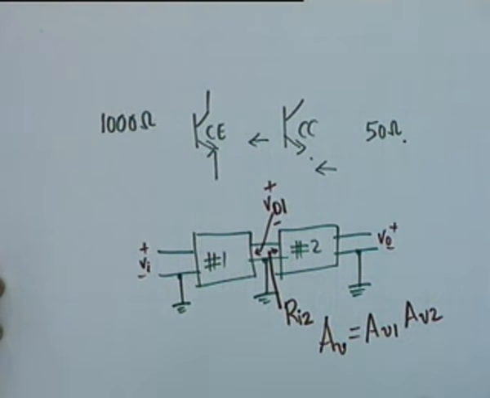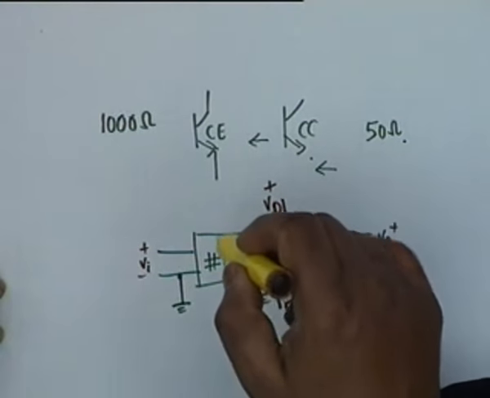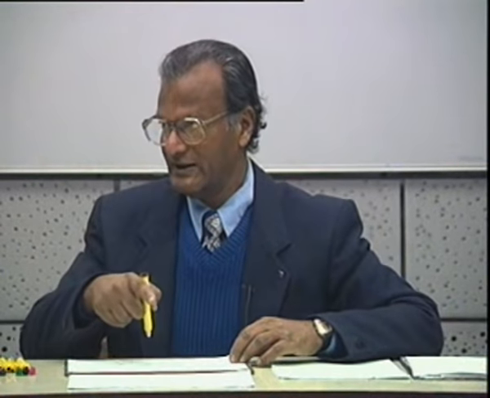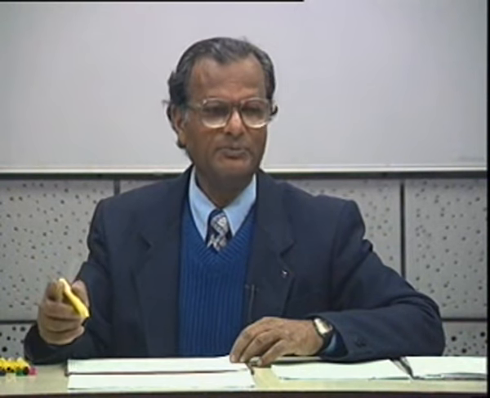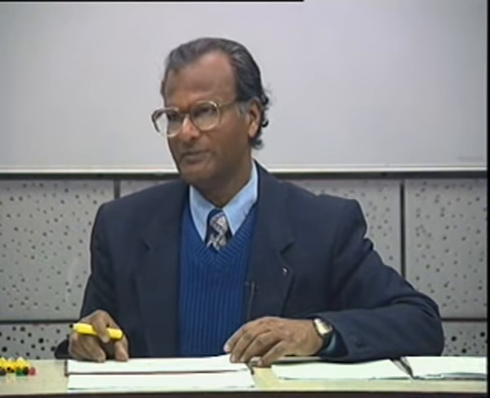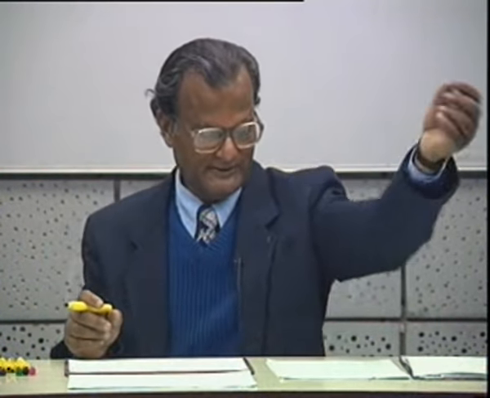Alright, this is true provided your effective load RL1 is equal to RL of the first stage, which may be simply RC, paralleled by the input resistance of stage 2, that is Ri2. If you do that, then obviously the gain will be the product of the two.